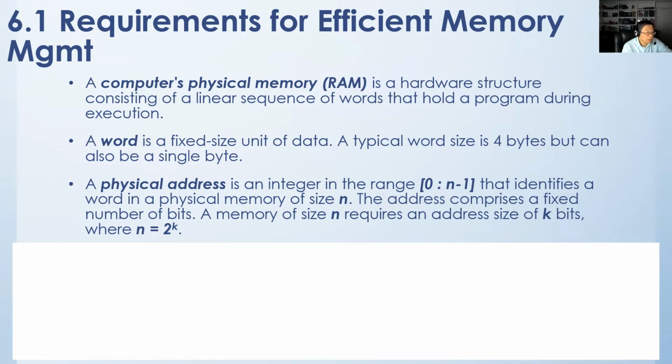Okay, so what is computer memory? Sometimes the computer memory is also called the computer's physical memory, or RAM, which stands for random access memory. RAM is a hardware structure consisting of a linear sequence of words that hold a program during execution.